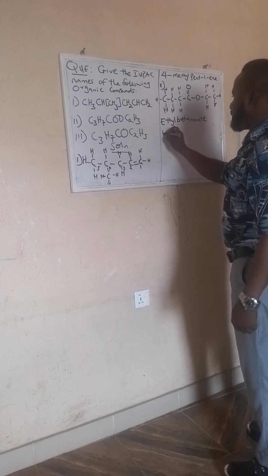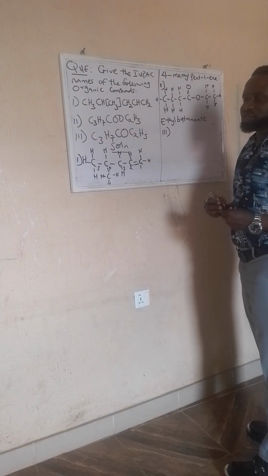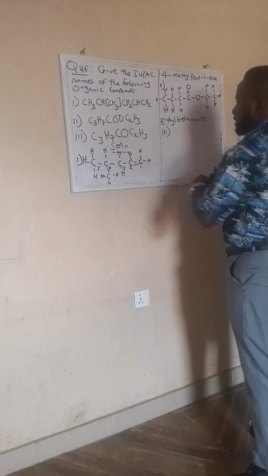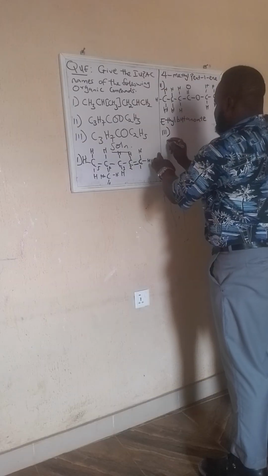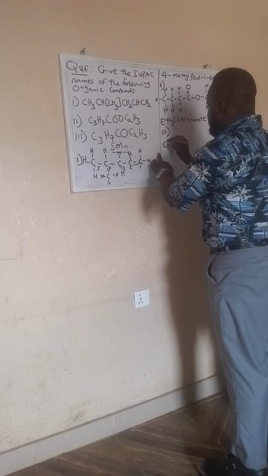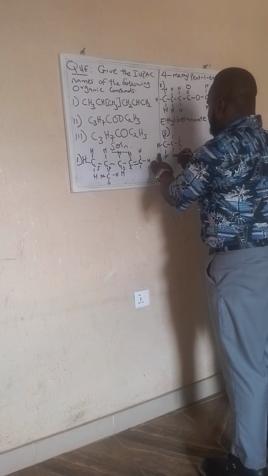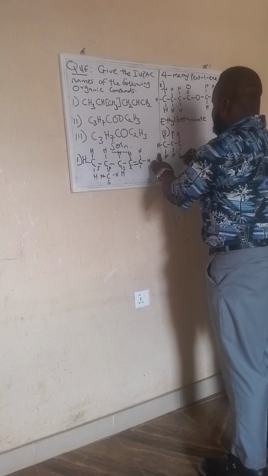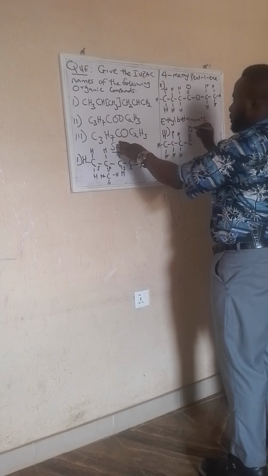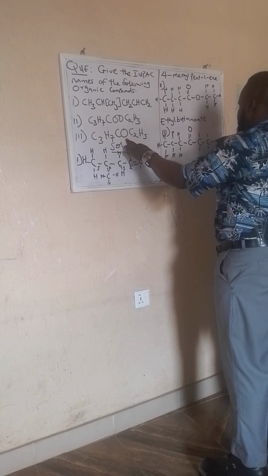Then the third one belongs to a homologous series known as alkanones, otherwise called ketones. So I have C3H7 again. This is definitely a carbonyl, doubly bonded to the oxygen.